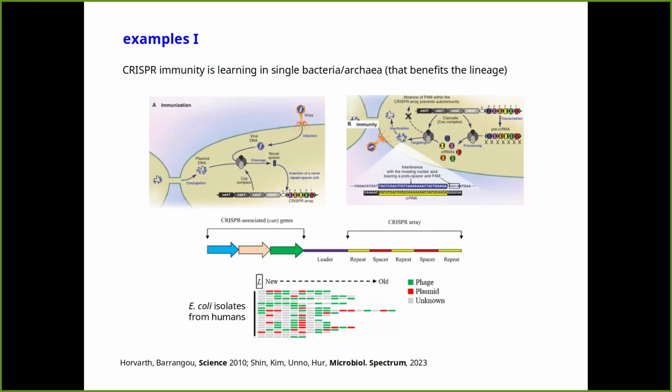And having encoded the information from the environment in their own DNA, then if the bacterium is subsequently attacked by the same phage, it can transcribe the DNA in the CRISPR locus into RNA, and then it has this lovely mechanism of RNA-guided DNA detection and destruction, which is really what the CRISPR biotechnology has fixated on.